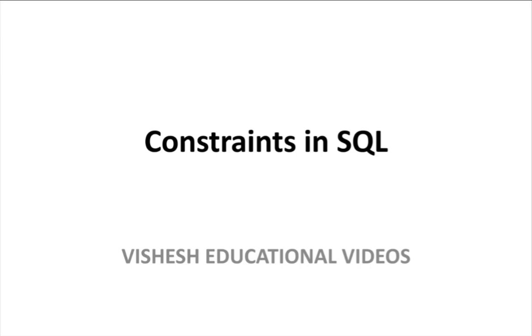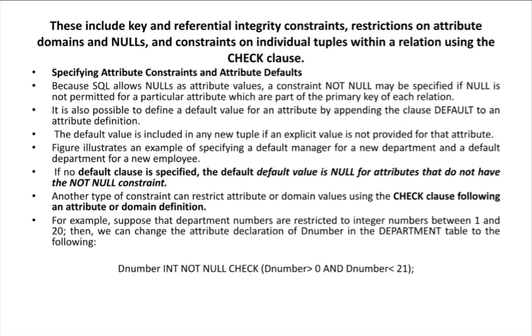So let me begin the explanation of constraints in SQL. First of all, what is a constraint? Constraints are nothing but conditions that can be applied to the attributes on your table, and also you can apply the constraints or conditions to the data that is stored in your database. So in simple words, constraints are nothing but conditions, right?